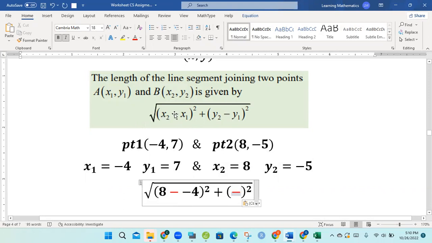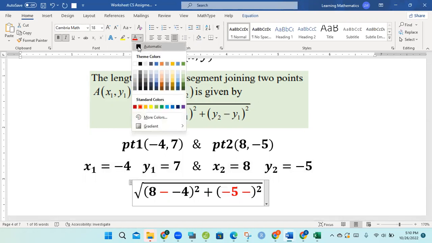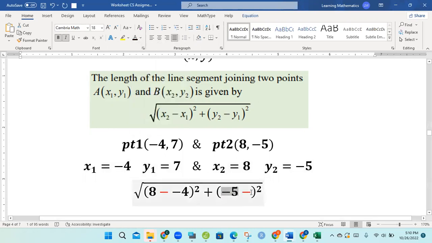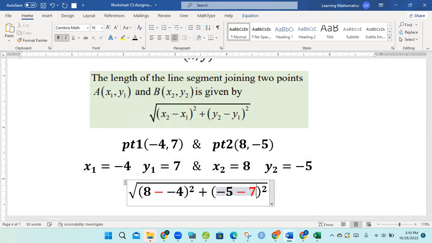So it says x2 minus x1. x2 is 8, x1 is a negative 4. So it's 8 minus a negative 4. y2 minus y1. y2 is a negative 5, minus, well, negative 5 must be black. Color code is for the negative sign alone. Minus 5 minus a 7. Okay, so be very careful with this formula. It comes with a negative sign already.